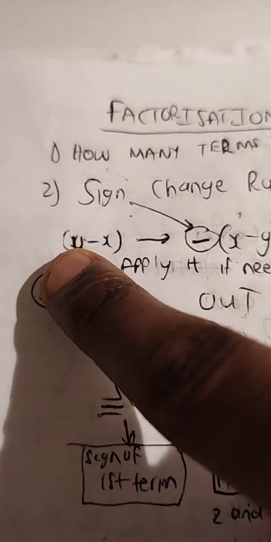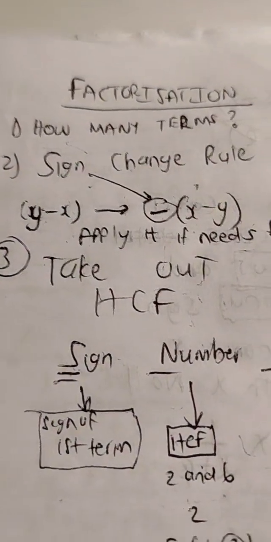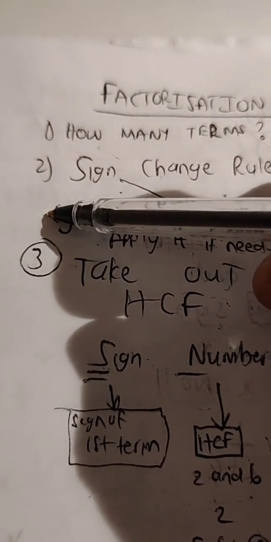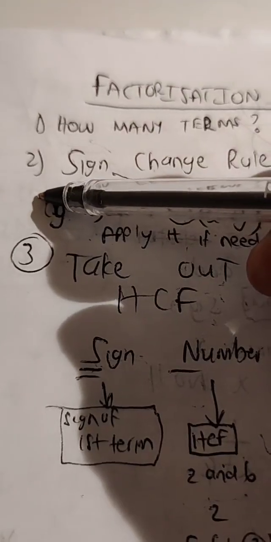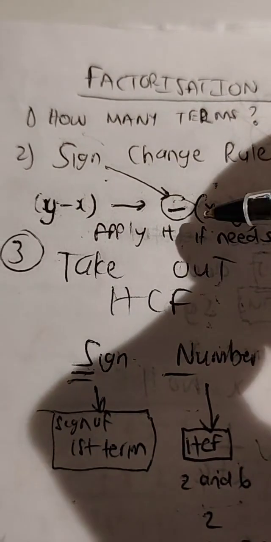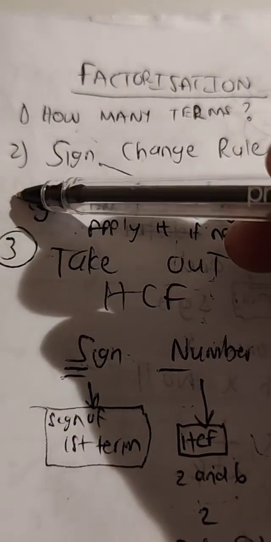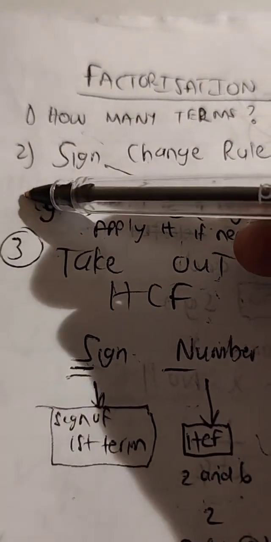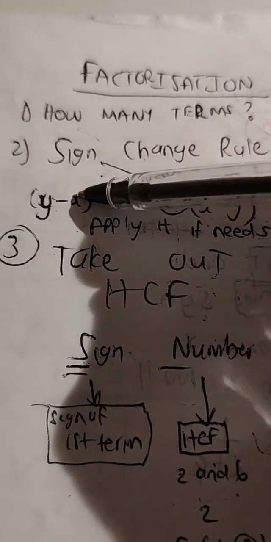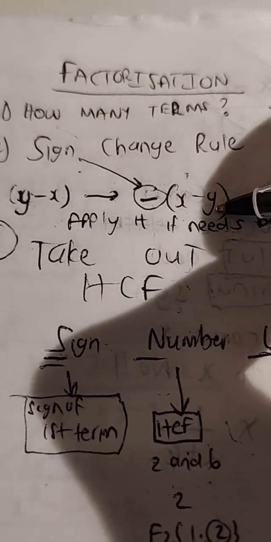To achieve that, I change the sign outside the bracket. Currently this bracket has no sign, so we know that the invisible sign is positive 1. So we change the sign outside the bracket. If it's positive, we change it to negative. If it's negative, we change it to positive. Then that allows us to change the order of these terms. So this y minus x then becomes x minus y.